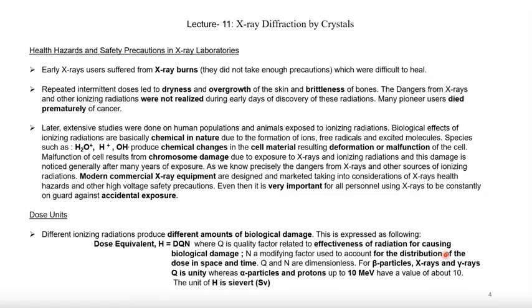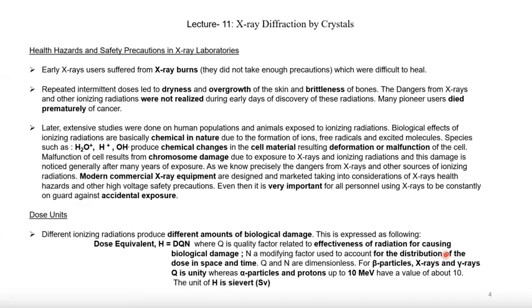Next we go. You see, we know X-ray has a short wavelength, and it is very health hazardous. So we have to take precautions in the X-ray laboratories.